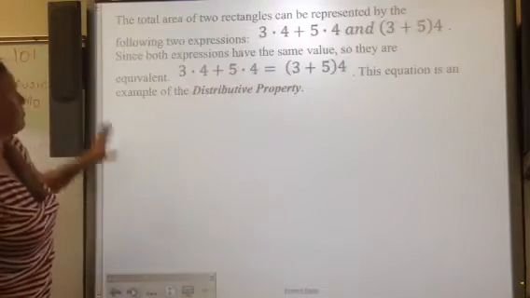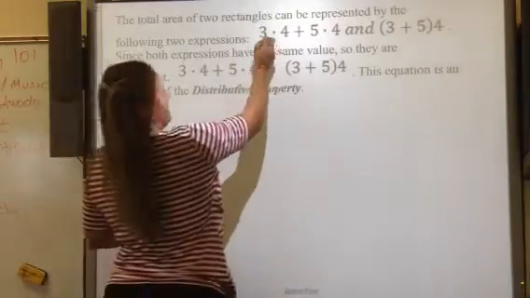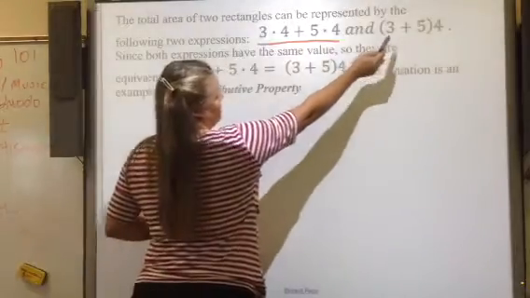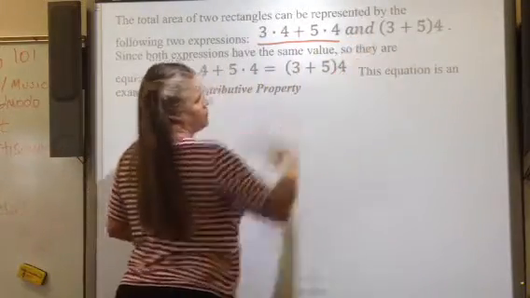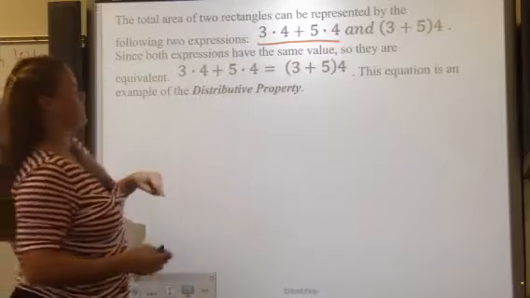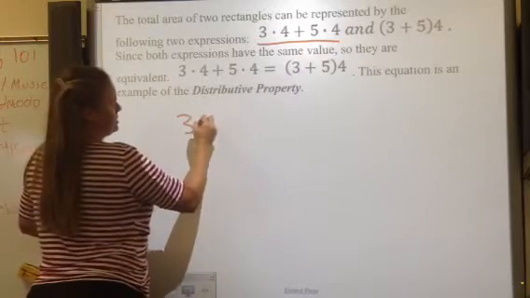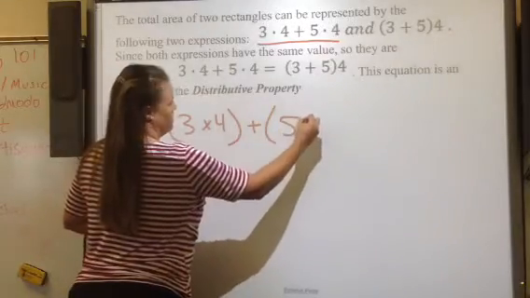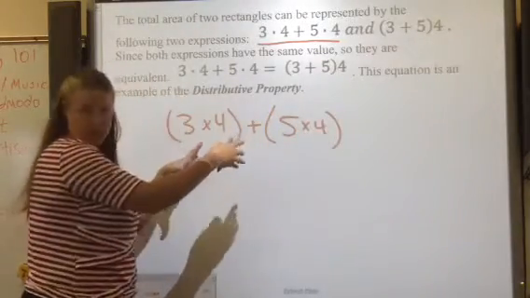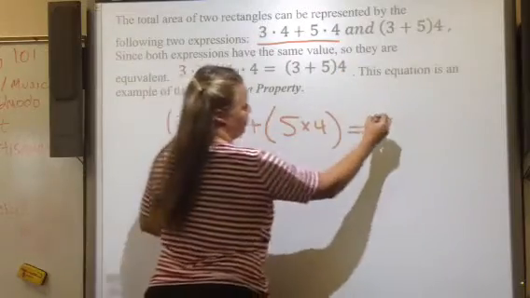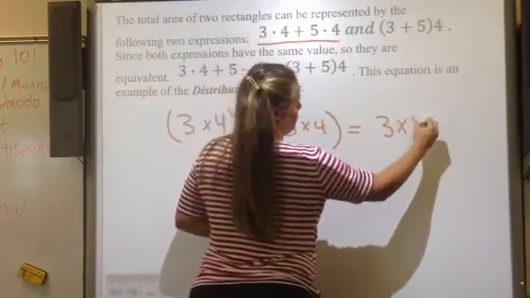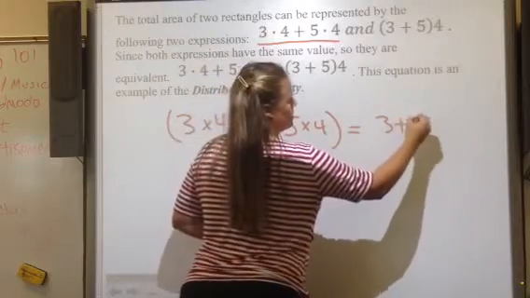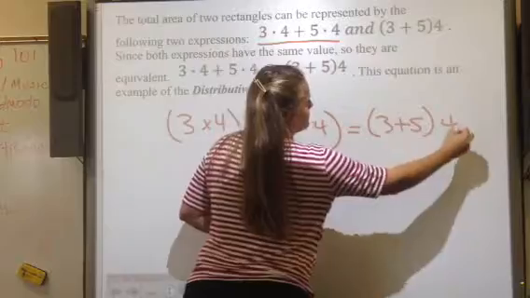So let's look at the example, putting it all together. So the first one we had 3 times 4 and 5 times 4, which was the first picture. The second picture was the 3 plus 5 times the 4. And then our second example was the, whoops, that's not 3 times 5, it's 3 plus 5, times 4.